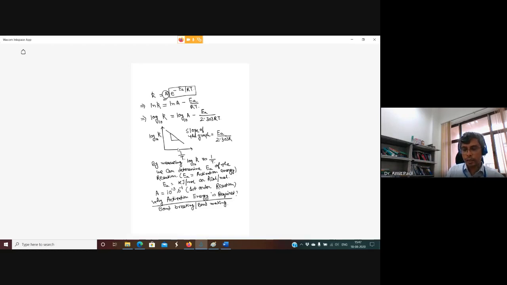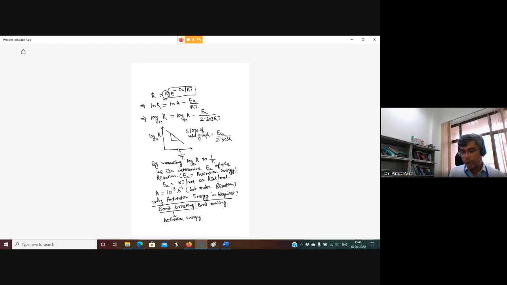Usually the activation energy comes because we need to perform this step, bond breaking. So this activation energy is required because we need to break a bond.